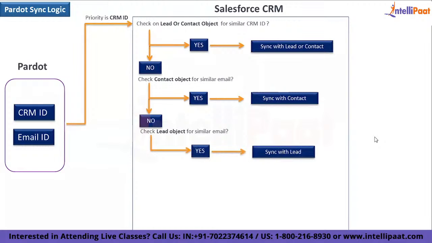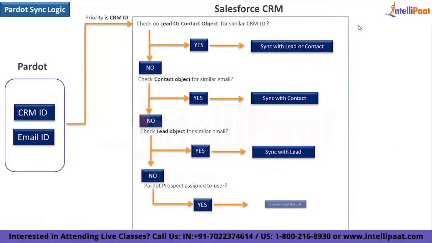Now, the next is a little bit interesting. Let us say the CRM ID and the email address are not available on any lead or contact object. Now, what happens next? Then the Pardot prospect is assigned to a user and it will be created on the lead object. A lead record is created. So this is what is going to happen. Now, how does this happen?